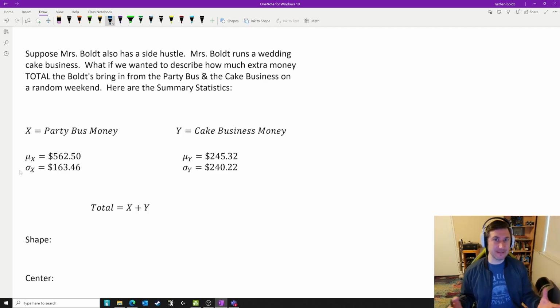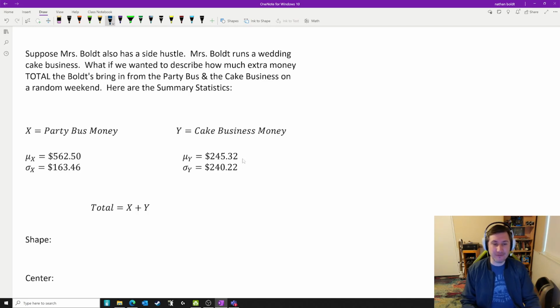But the cake business also has a mean and standard deviation. So we still use mu and sigma for mean and standard deviation, but now we give them a subscript of Y so we don't get them confused. We use subscripts a lot, so hopefully that clarifies things and doesn't make things more complicated.